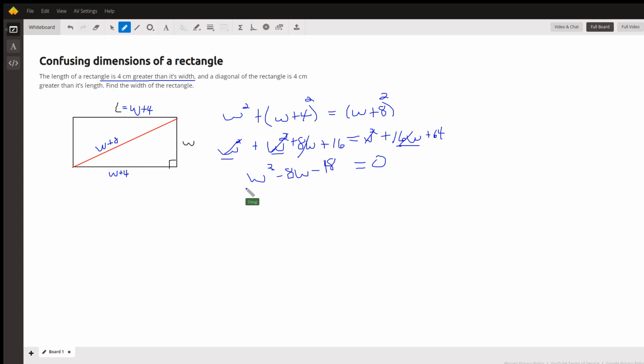Now, we could try to factor this. We could use the quadratic formula. I could move the negative 48 back to the right side and complete the square, but two numbers that multiply to give negative 48 and have a difference of negative 8 happens to factor fairly simply.